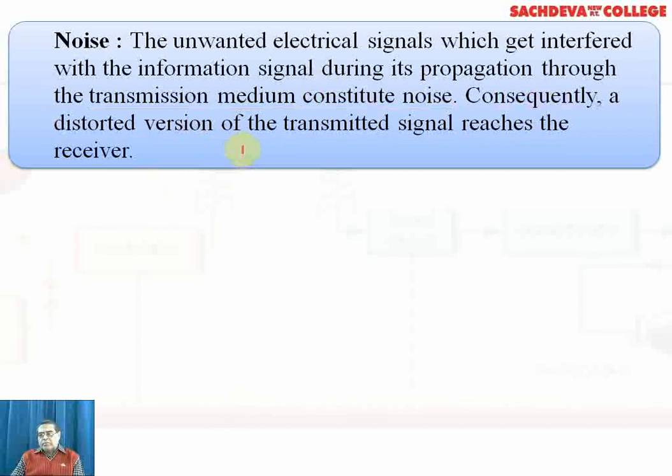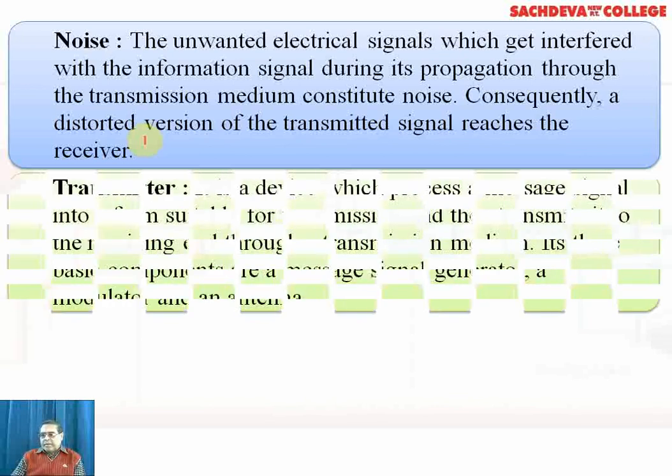Consequently, a distorted version of the transmitted signal reaches the receiver. So we have to make arrangements to remove this distortion and the noise at the receiving end. We have filter circuits at that point, and filter circuits are responsible for giving a very clear version of the communication made.